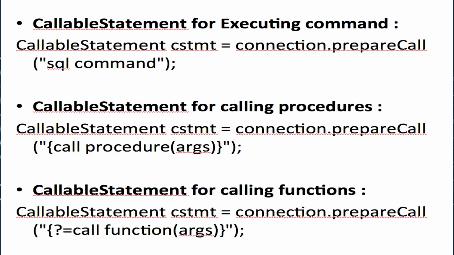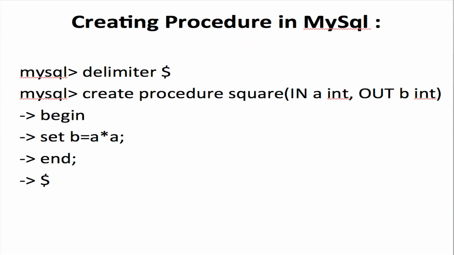So in the next slide you can see this is the procedure. In MySQL, how to create the procedure: you can see here, create procedure square. Suppose we have to create this square procedure. We will pass two arguments, a and b: in a integer and out b integer. So a and b are two integers, and a is an input and b is an output.